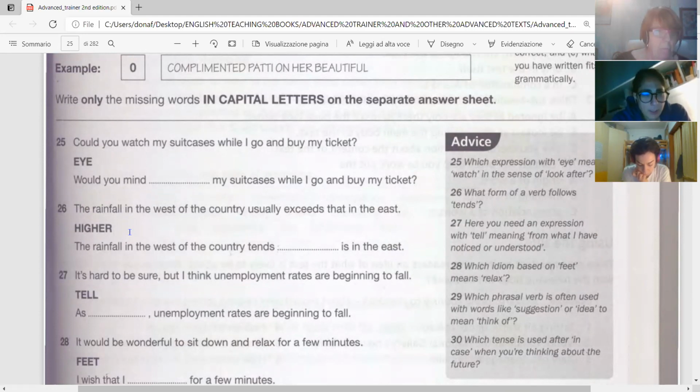Francesca, number 26. The rainfall in the west of the country usually exceeds that in the east. Higher. The rainfall in the west of the country tends. What form of a verb follows tends? Tends to be higher. Yes, higher. Then what else? You got east, in the east.